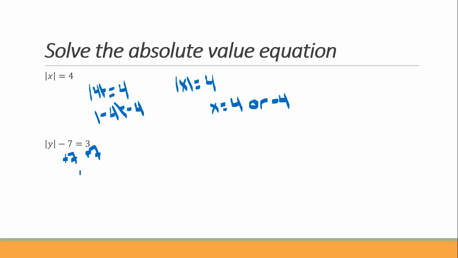So we're adding 7 to both sides, and we have the absolute value of y is equal to 10. Similar to before, that means y can be equal to 10 or negative 10. If we put 10 in for y, we get positive 10. If we put negative 10 in for y, we get positive 10.